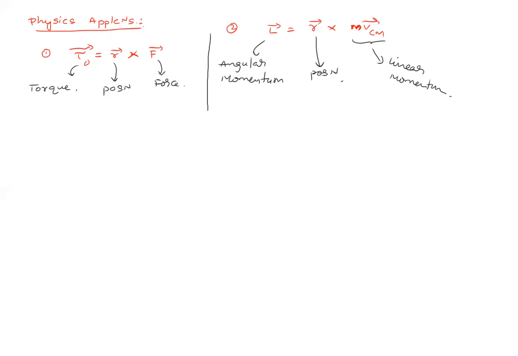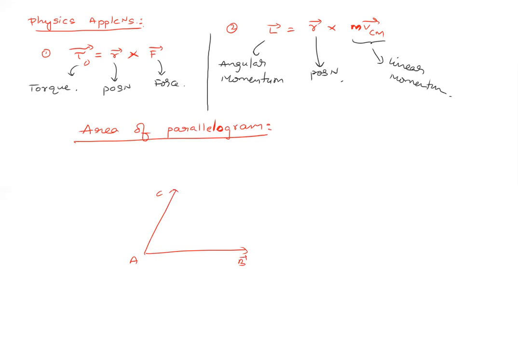Now, a few more applications in geometry and maths. Area of a parallelogram: for example, if AB bar is one side and AC bar is another side, let us say this vector is P bar and this vector is Q bar.